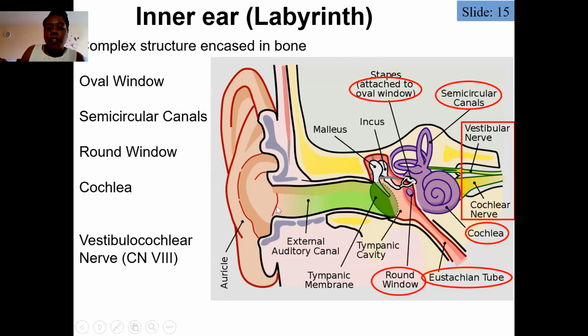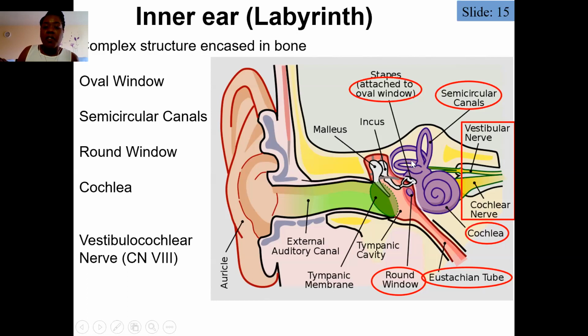The connection from the stapes to the labyrinth happens via the oval window. The stapes is pressed right up against the oval window, and the oval window communicates to the round window as well, which takes sound from the middle ear into the inner ear. And then in the inner ear, we've got three structures. We've got the semicircular canals, these rounded structures on top of the labyrinth.